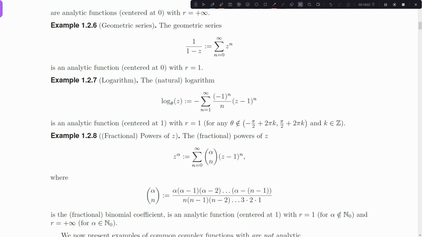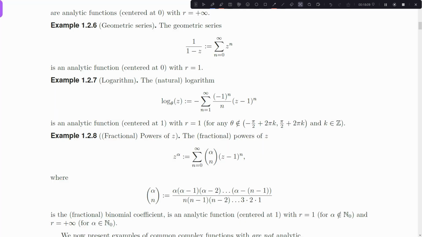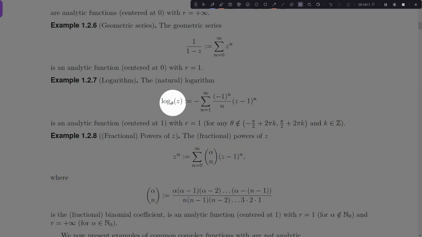And then actually similar with the logarithm. So I put in parentheses here, the natural logarithm, and I've put a little theta at the bottom. Don't worry about the theta for now, but I'm going to notate natural logarithm in this class just with the letters log. I know it's very common for that to be base 10 logarithm. A lot of mathematicians kind of shy away from that. They will use log to mean the natural logarithm.